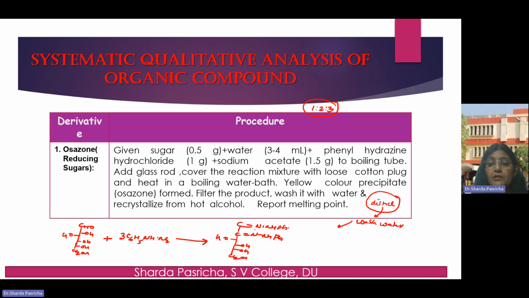You will study in theory that the product formed in case of glucose and fructose is the same. That is explained by something called the Amadori rearrangement, which you will do in detail in your theory class. Okay. So this is glucosazone.